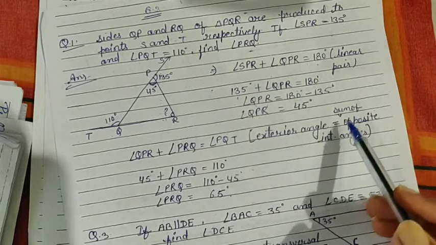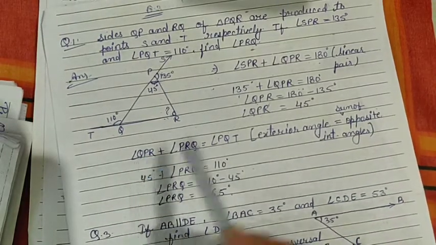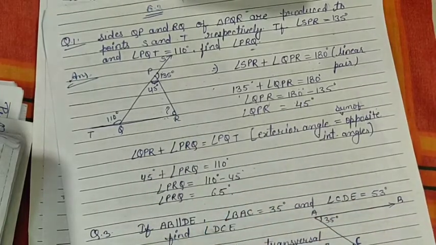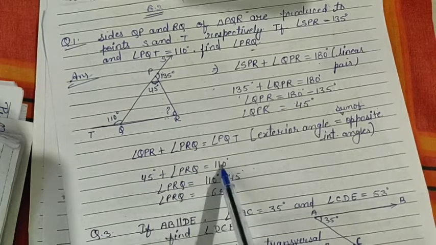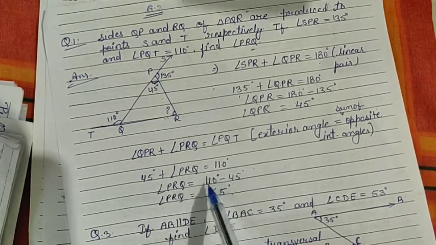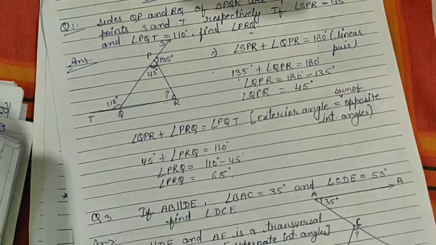Exterior angle equals the sum of opposite interior angles. So QPR equals 45 degrees and we have to find PRQ. Their sum will equal 110 degrees. Now angle PRQ equals 110 degrees minus 45 degrees, which equals 65 degrees.